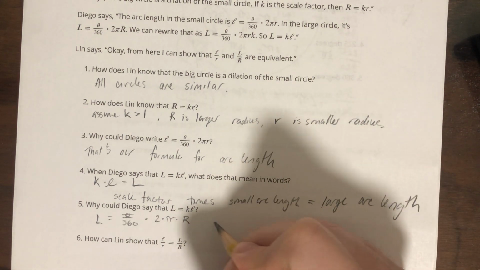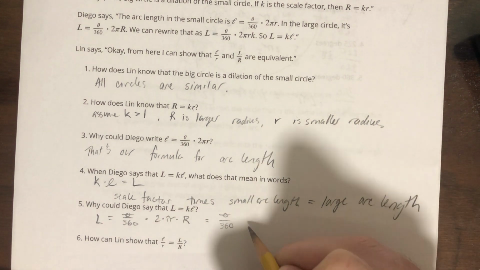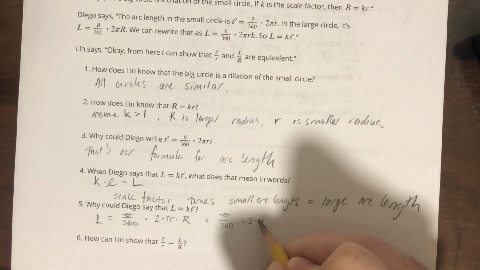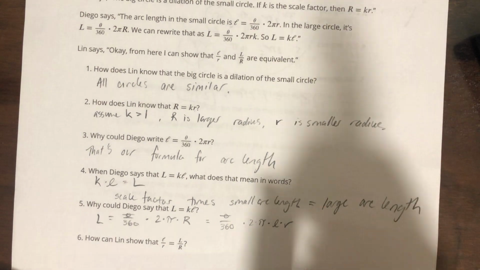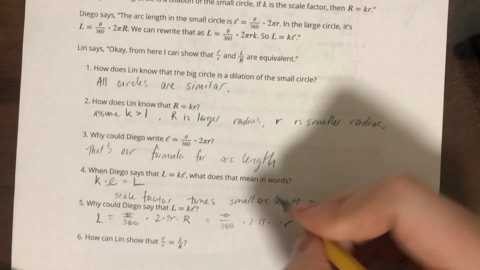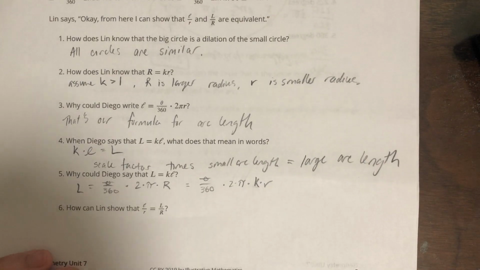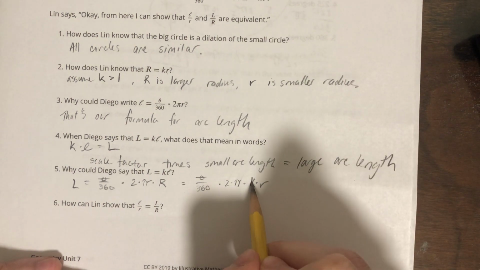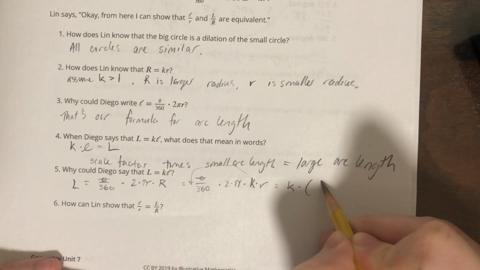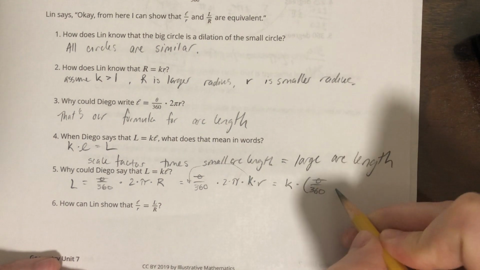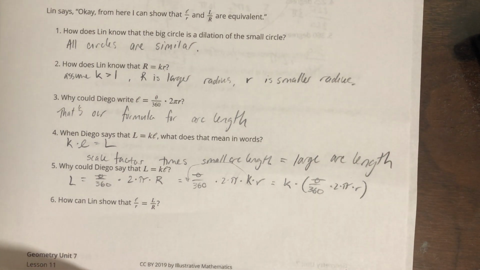So really I could say that this right side is equal to theta over 360 times 2 times pi times KR, sorry, the scale factor is K. All right, and now using our commutative law of multiplication, I'm going to switch my order. I'm going to put K in the front here. So really I can write this as K times theta over 360 times 2 times pi times r.